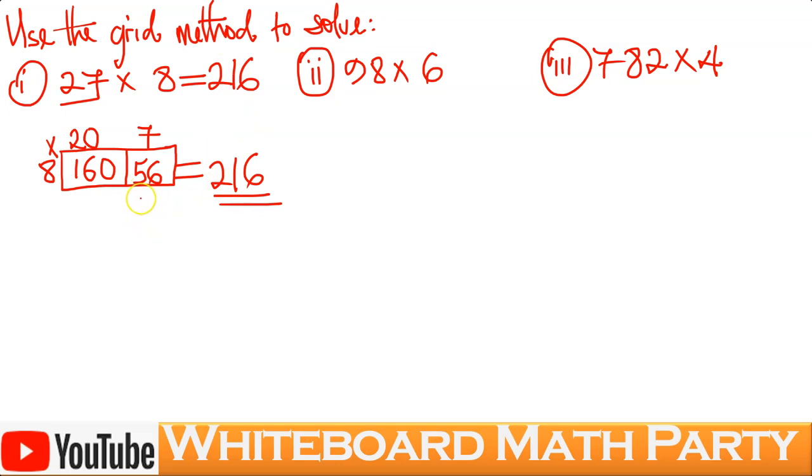This is how you use the grid method. So since this is easy, we can speed up for the second and the third example. For us to solve 98 times 6, I simply have to create a grid for 90 and 8. And all I'm going to do is create your grid to make it really easy.